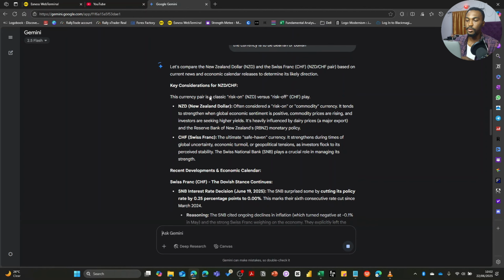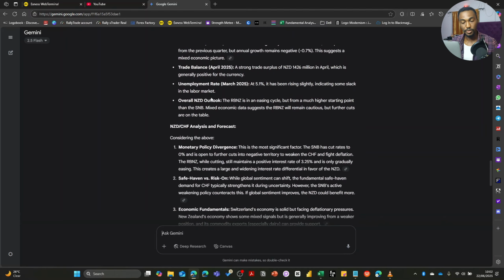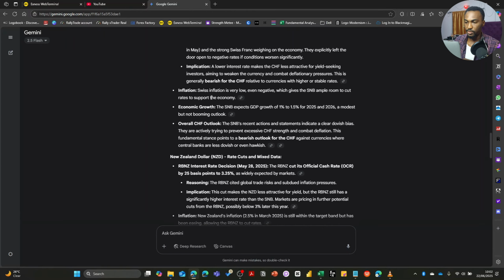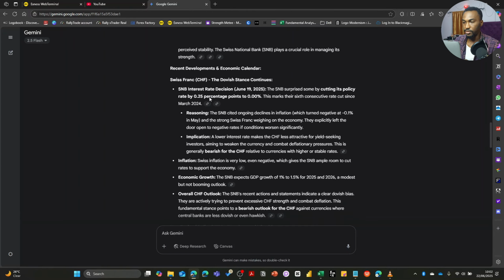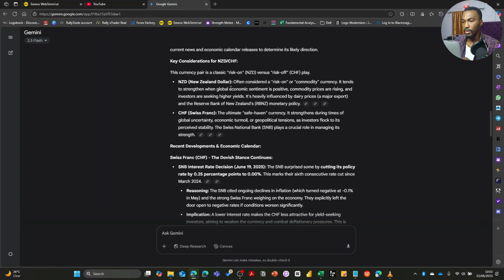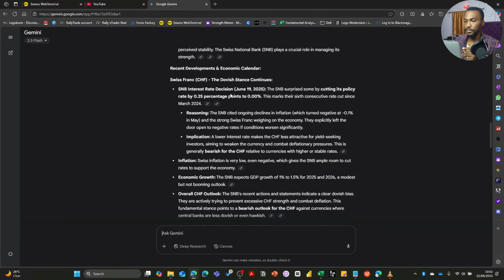It's going to start looking through. This is how you can use AI to do fundamental analysis on your own. Let's go with the very first part of the news, the rate. The New Zealand dollar is often considered a risk-on or commodity currency, while the Swiss franc is risk-off.